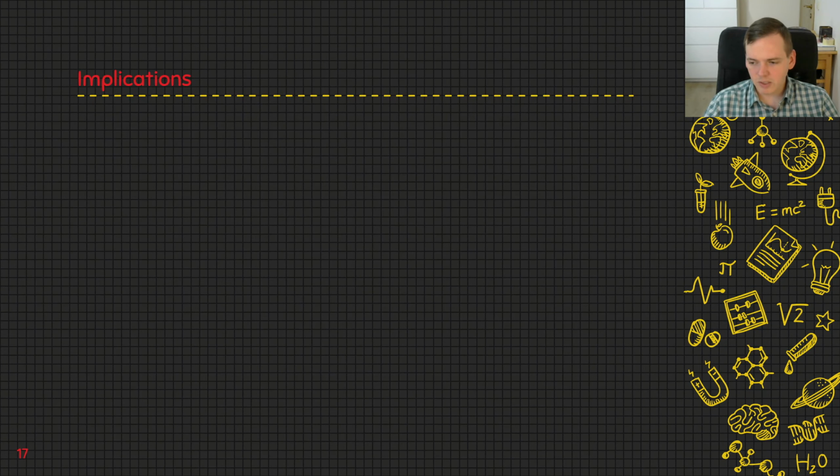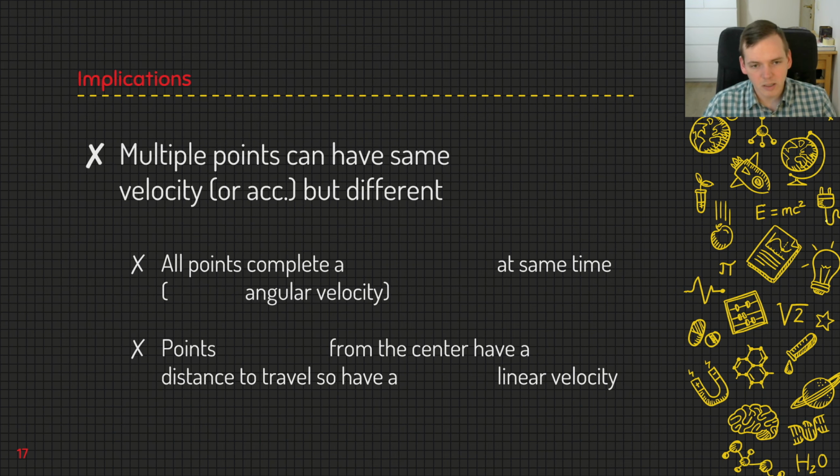So what's the implication of this, or why do we care about the two things? How are they related? Multiple objects can have the same angular velocity, meaning rotational speed, but different linear speeds or different tangential speeds.